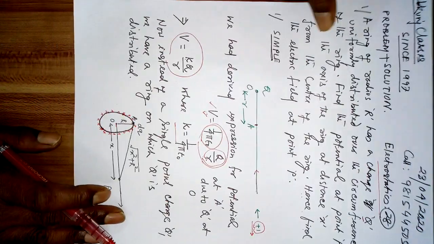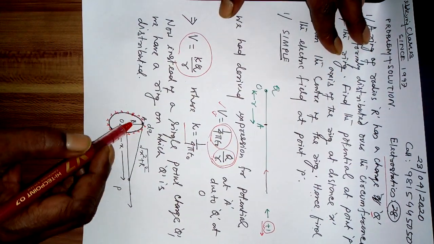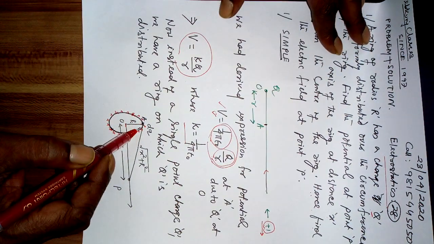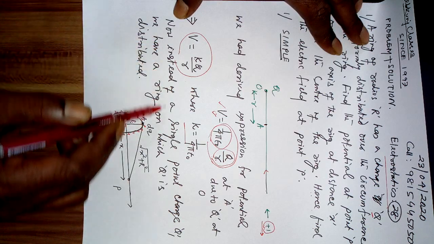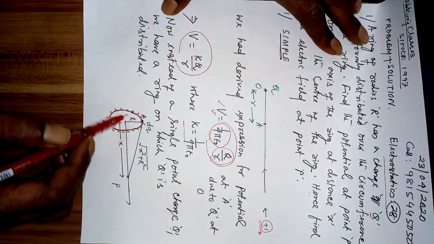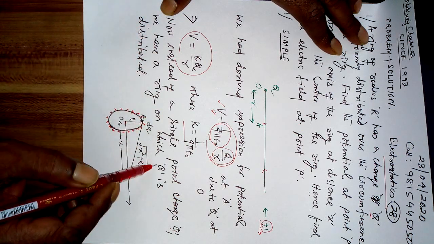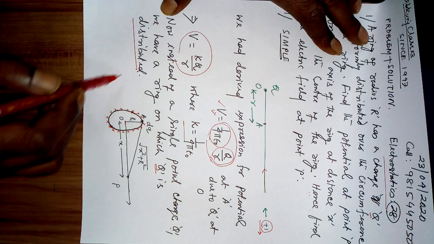Now, instead of a point charge, I have a ring. This is a ring. Instead of a single point charge Q, like here, now we have a ring on which capital Q is distributed uniformly.